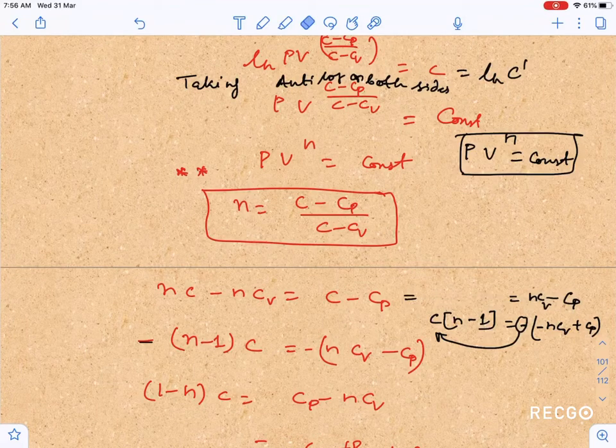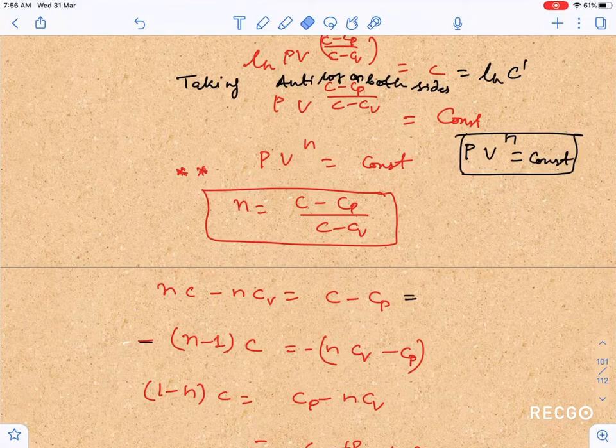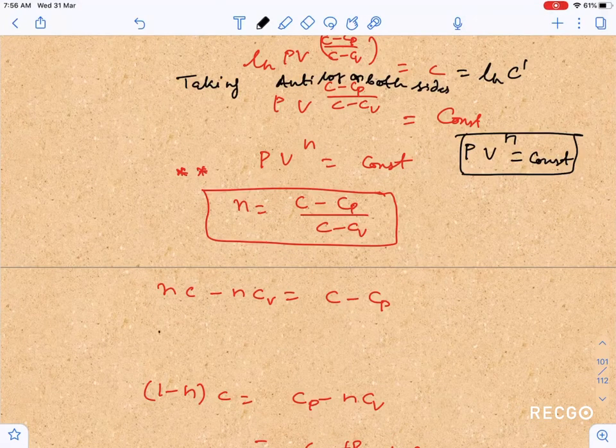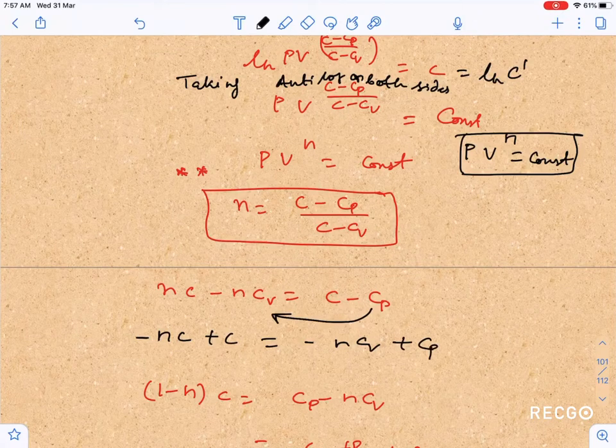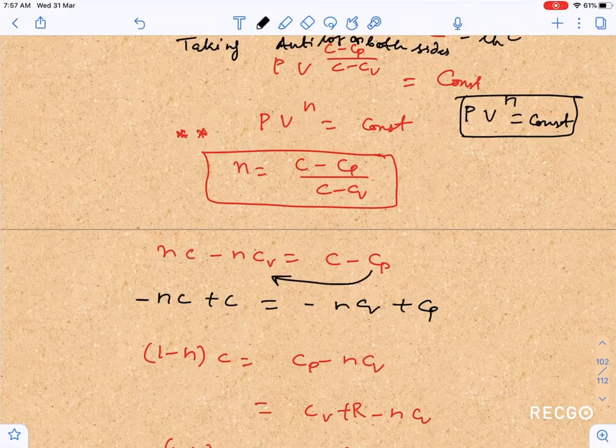Let me write once again all the terms. So I can do simply, see, NC, this term I have taken right side, so this will be minus NC, and this will be plus C is equal to, this term I have taken this side, minus NCV plus Cp, and then you can take C common.